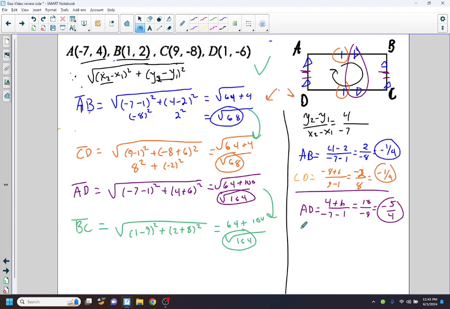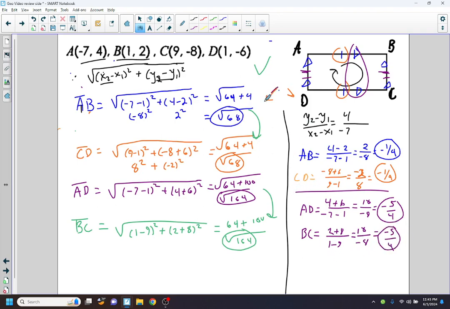And then this one, BC, equals 2 plus 8 over 1 minus 9, which is 10 over negative 8, which is exactly the same thing, so negative 5 over 4. Okay.